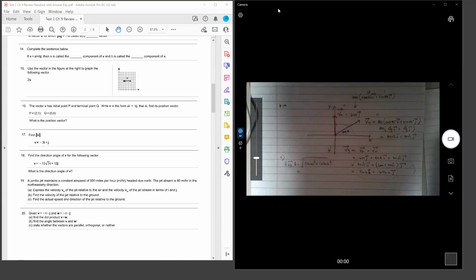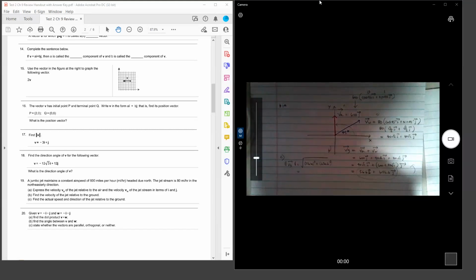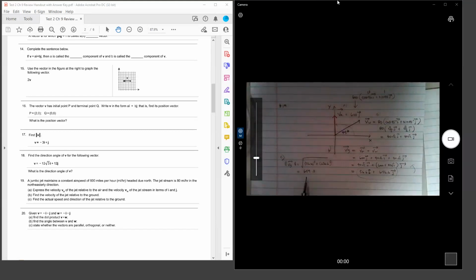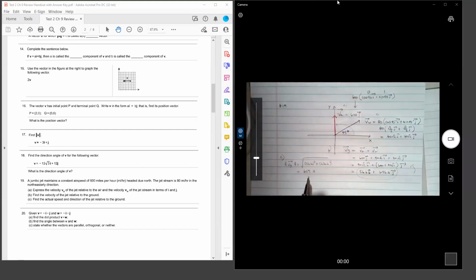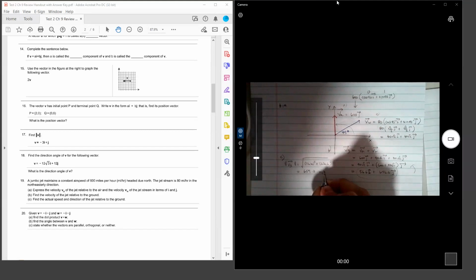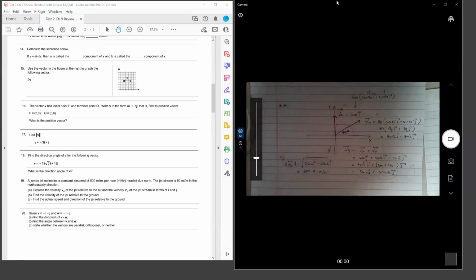And this is nothing but the calculator work now. Let's not forget to take the square root, and I get here 659.0. So the actual speed of the aircraft is 659 miles per hour.